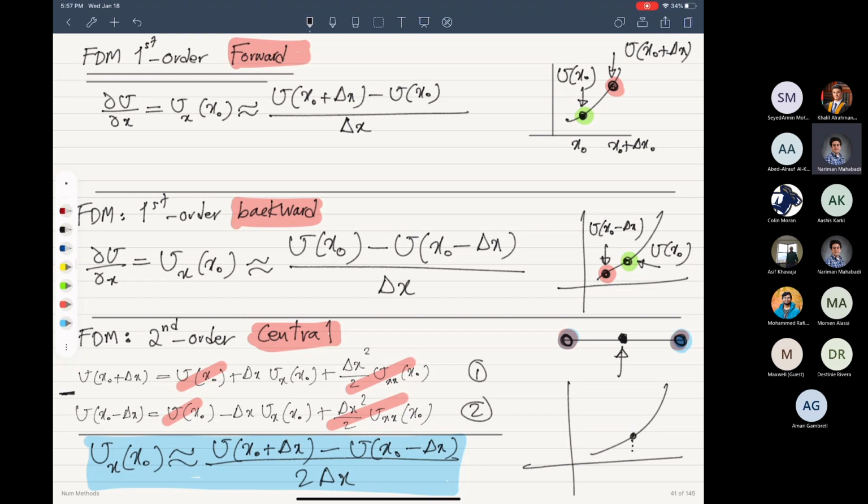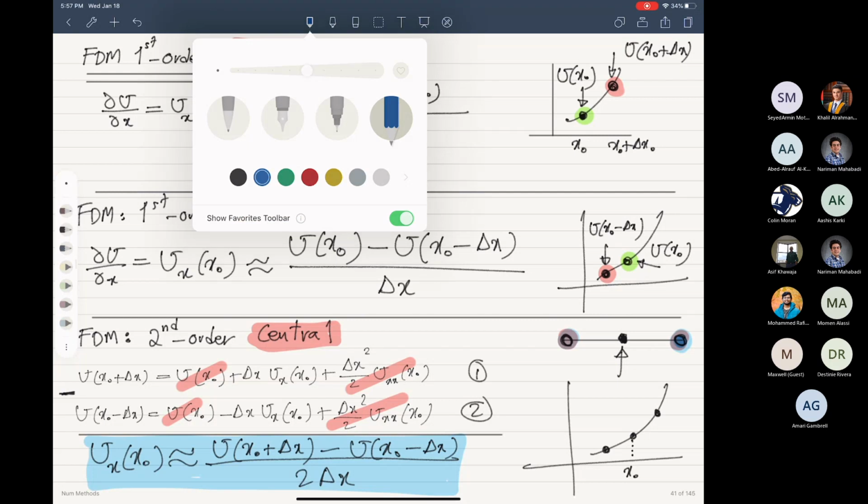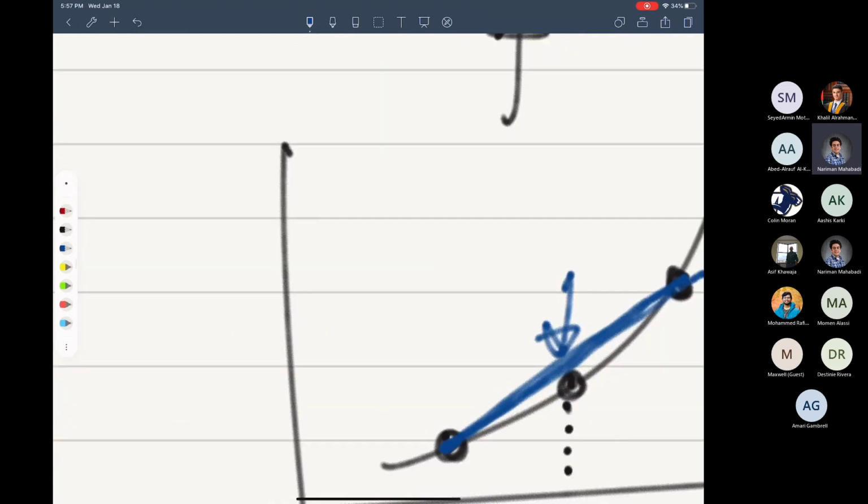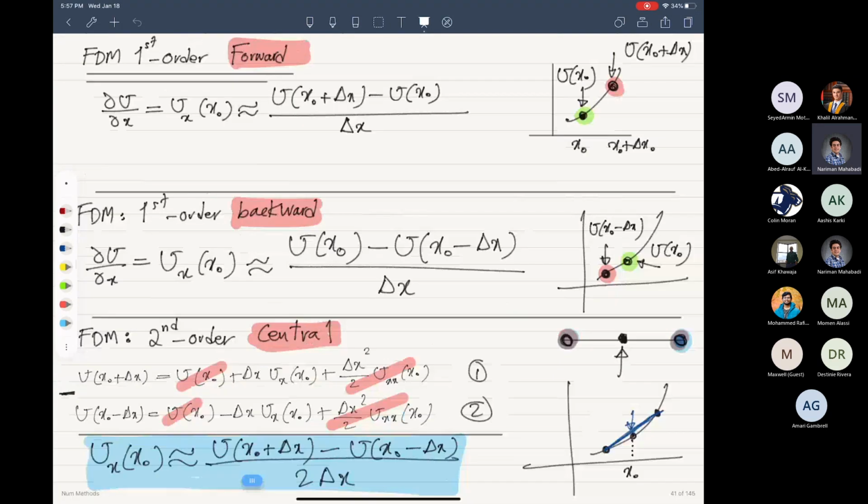This is your x naught. You're trying to connect these two points and make a slope, which is a secant slope. By using this slope, you're trying to be as close as possible to your theoretical value, and this is your approximation. So this is really the idea of a second order central FDM.